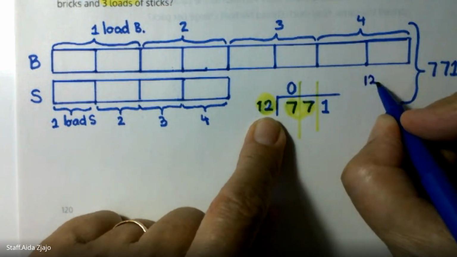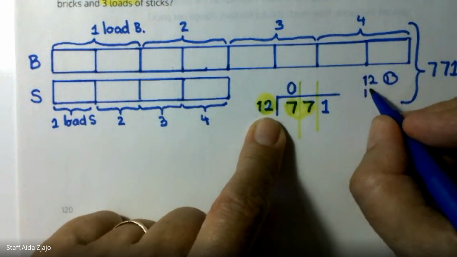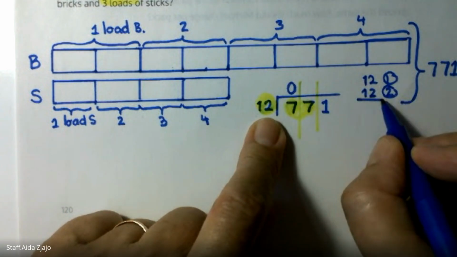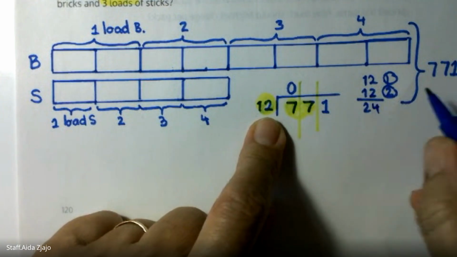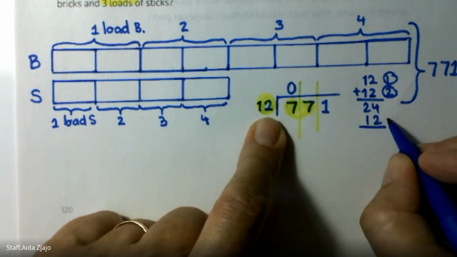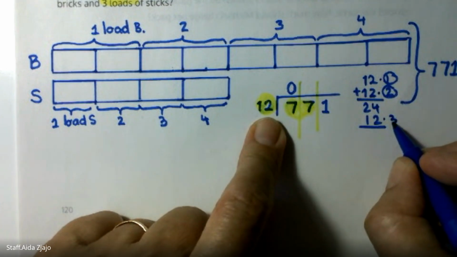So if my group is 12, right here, I'm going to add one more 12, and there will be 2 groups. So I will have 24.